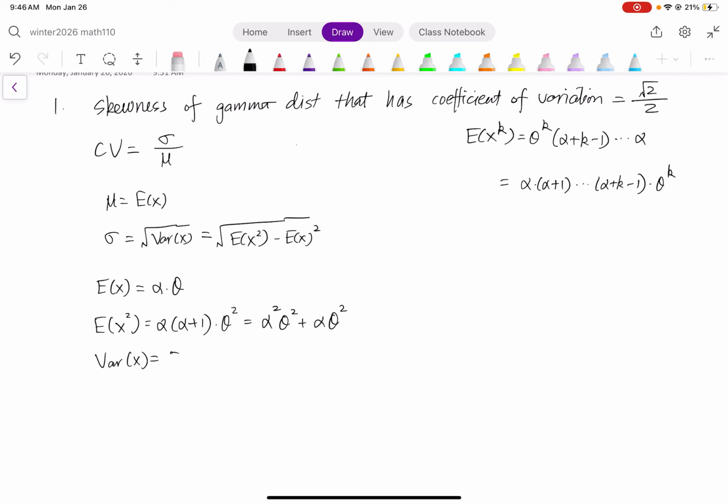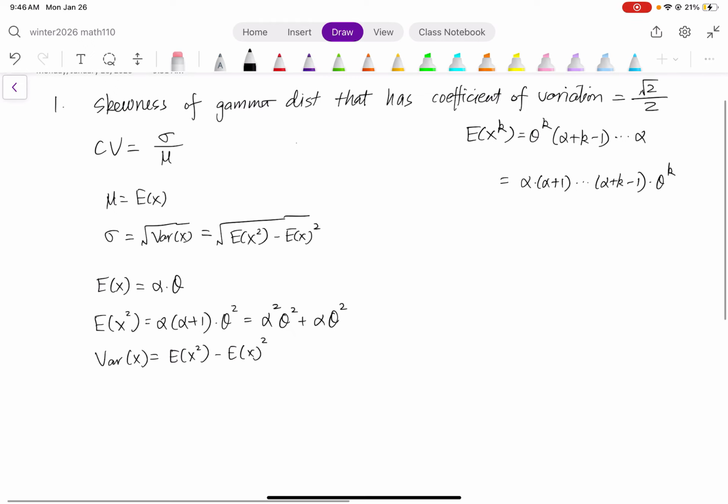The variance is going to be the expected value of X squared minus the expected value of X, whole thing squared. That is equal to alpha squared theta squared plus alpha theta squared minus alpha theta, whole thing squared. This piece and this piece are the same thing, so you end up with alpha theta squared.